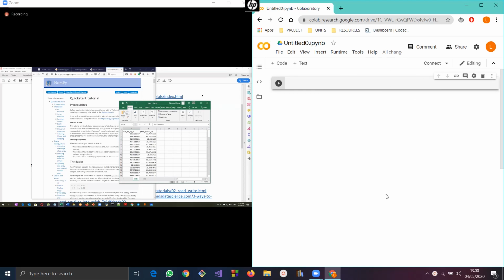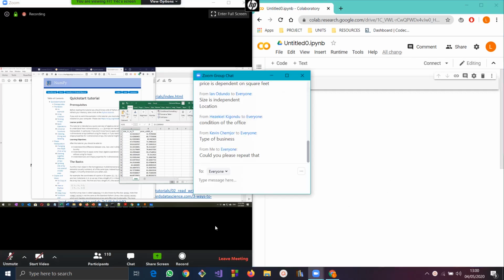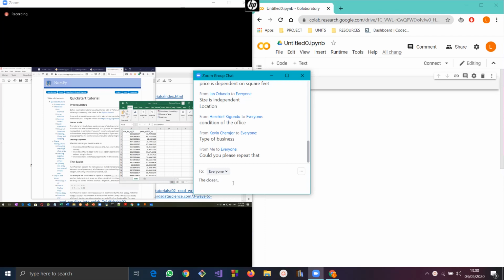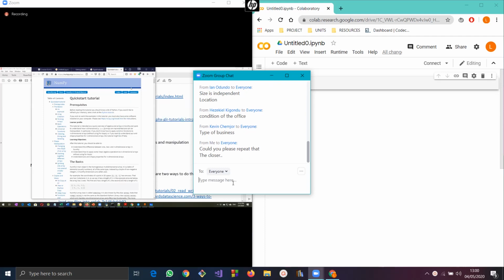Now, I'm not sure what Jayden wanted me to, if it's on the Gaussian distribution, I will be back to it. But it's just that we can use NumPy to generate.